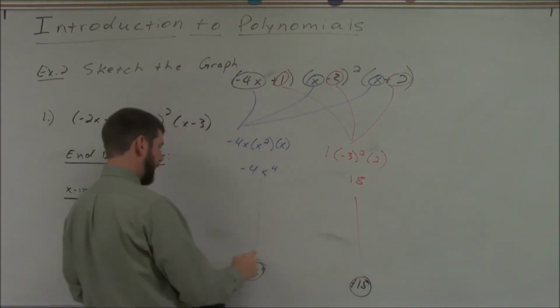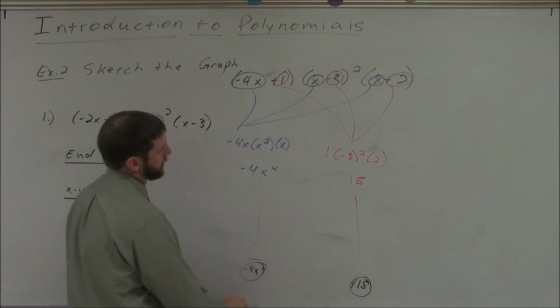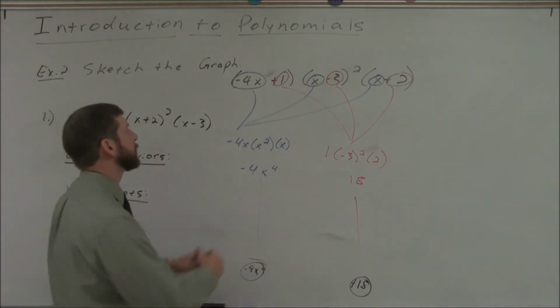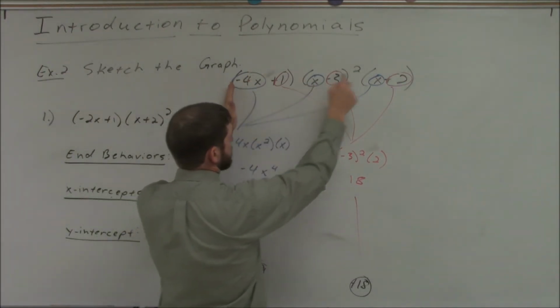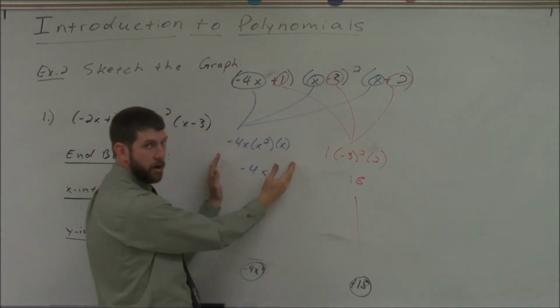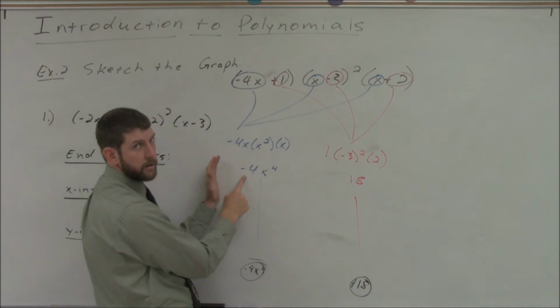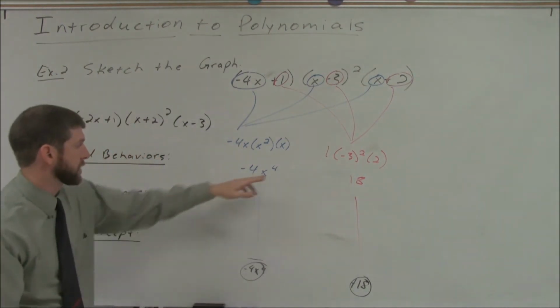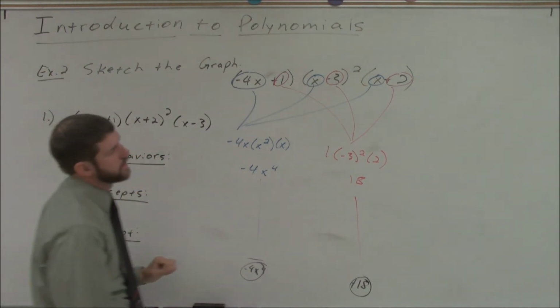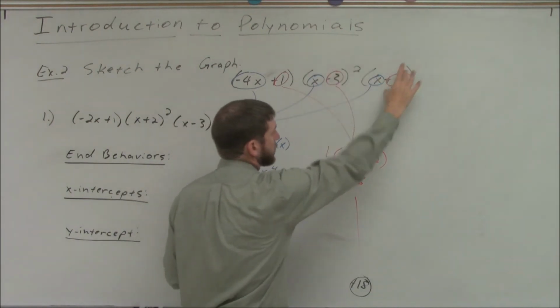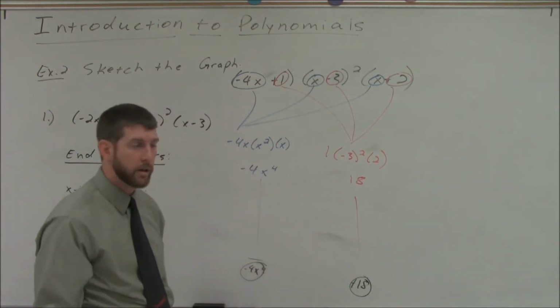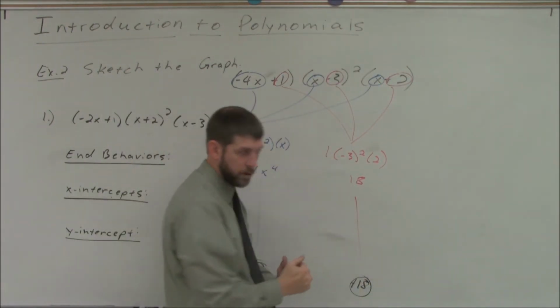So, without going through and doing all the multiplication of the entire polynomial, if I put my first terms together, that should give me my overall first term, which tells me degree and lead coefficient for end behaviors. And if I put all my end terms, my constants together, the constant is made up as a product of the constants.